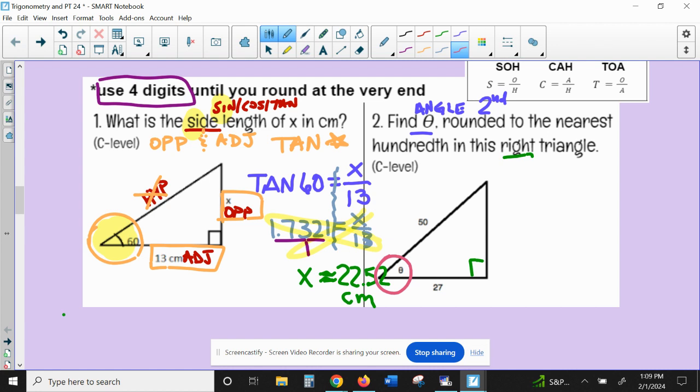Okay, so what did you put where? This was what? Hypotenuse, okay. Opposite is this naked side, right? And this is adjacent down here. Happy with that?